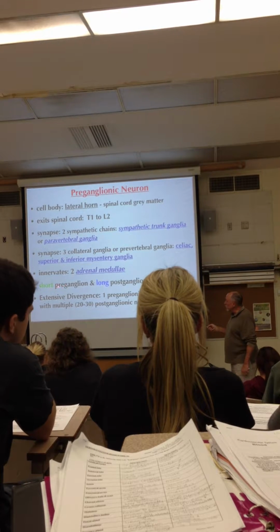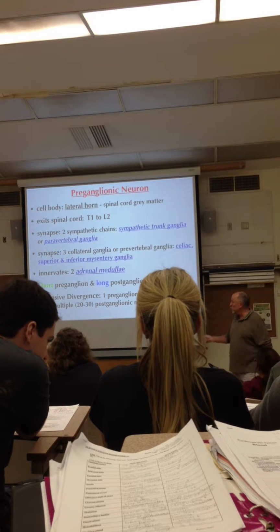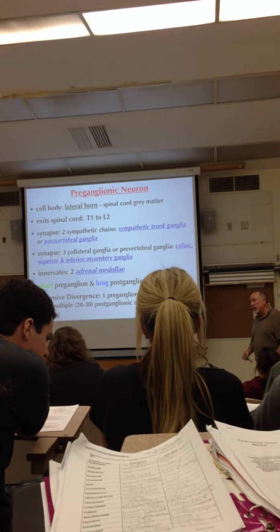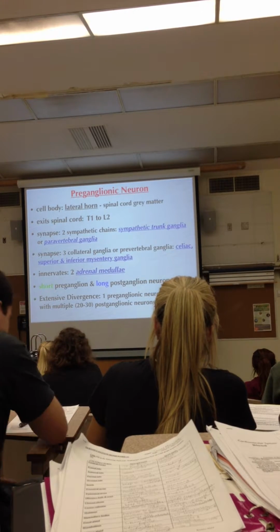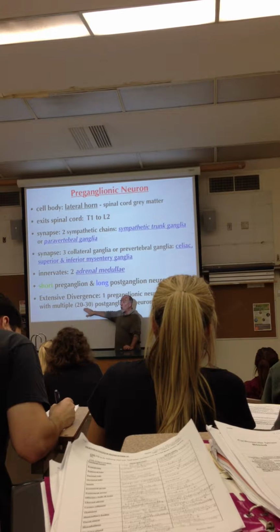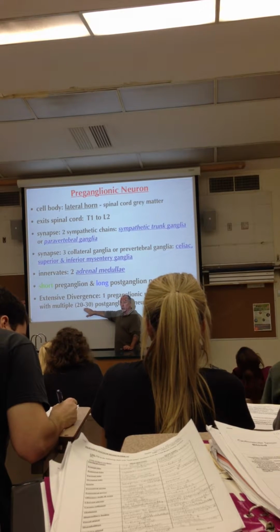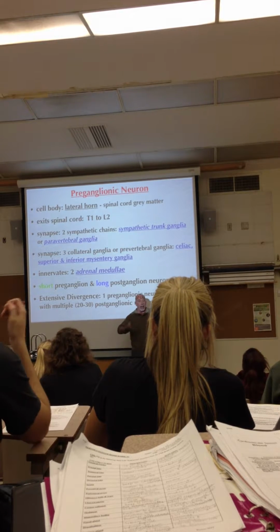And so the first nerve is short. It usually doesn't go very far before it synapses. The second nerve is long. And the thing about the sympathetic system, you guys, is the first nerve tends to synapse with a whole bunch of postganglionic nerves. And so it has what we call extensive divergence. It's like ramping it up.